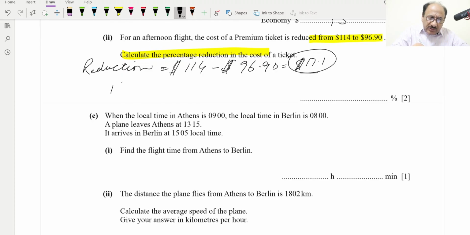So we will write 17.1 divided by 114, and for percentage we will calculate this.